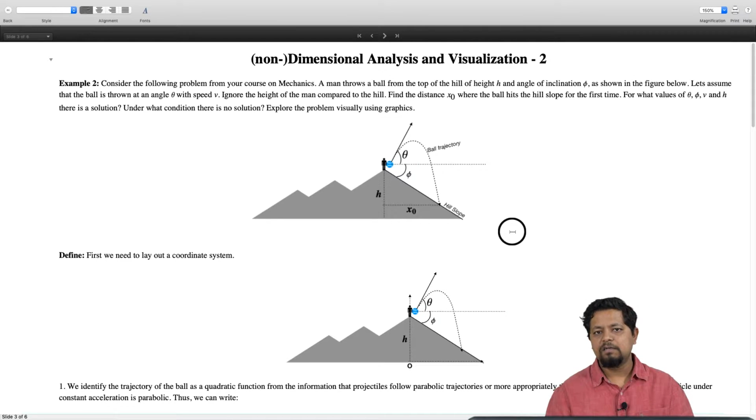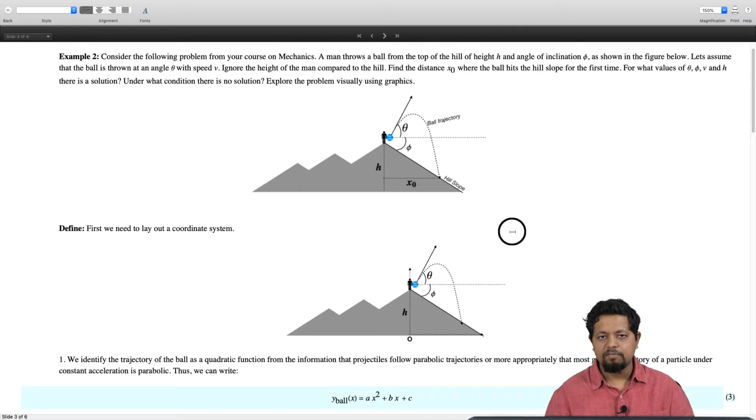Then we will take the equations that we have obtained from physics considerations and translate them into non-dimensional form, so that they become mathematical equations without any dimensions in them. We will analyze those mathematical equations, visualize them, and learn something about the solution from our visual results.